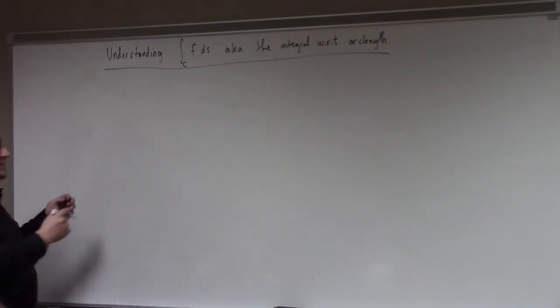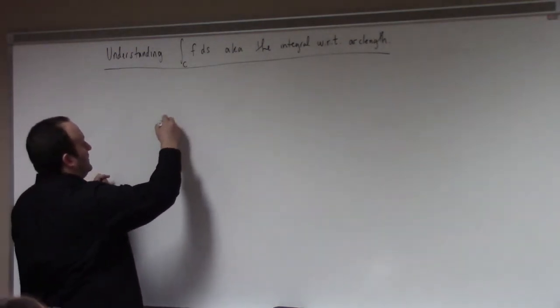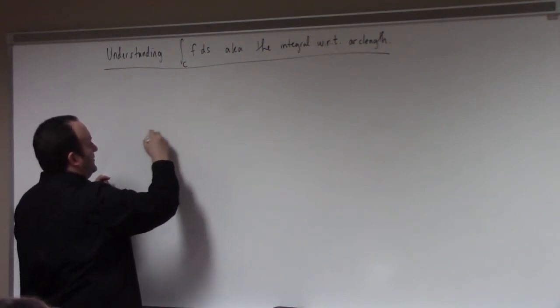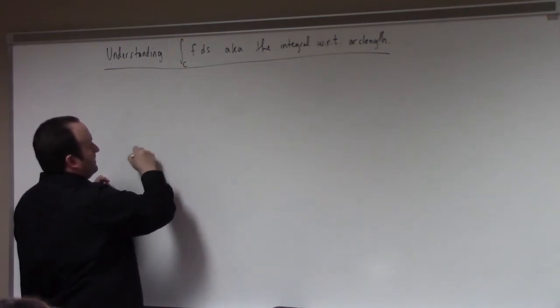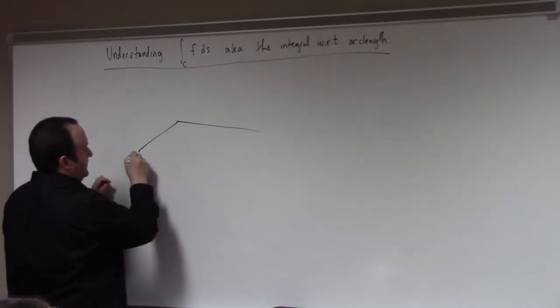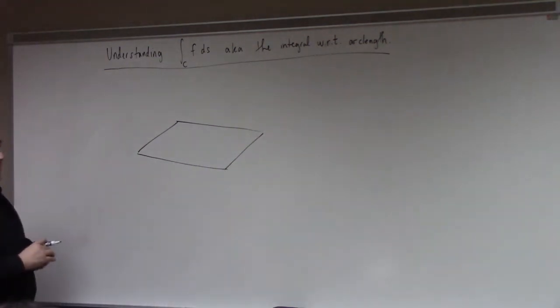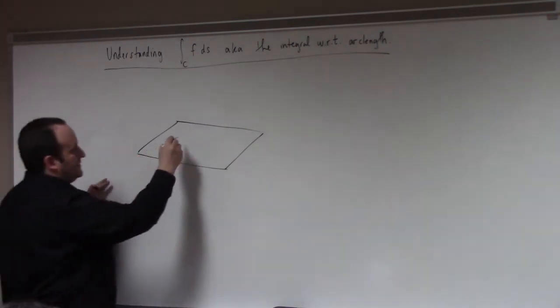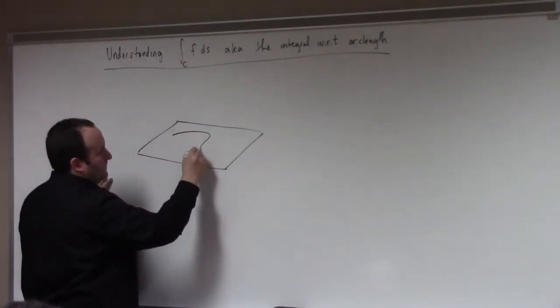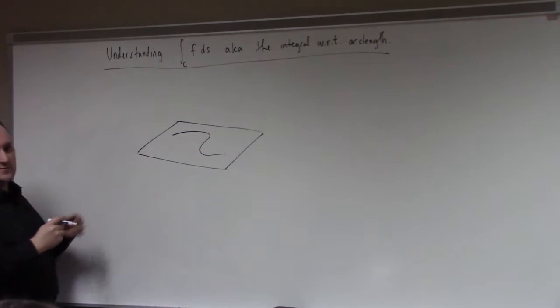Let me try to explain. Here's one geometric interpretation. If it's a 2-dimensional curve, it's a curve in the plane, right? And let's suppose that the curve looks like that. So here's my curve.